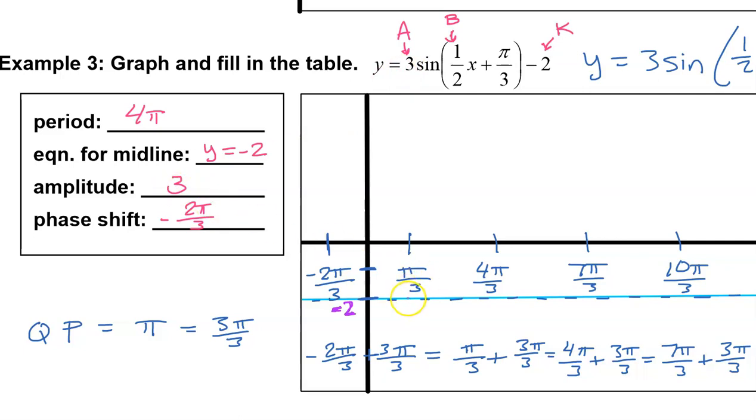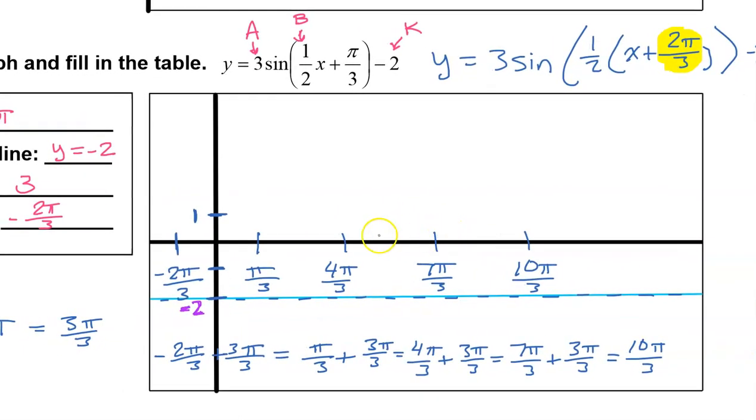The amplitude tells you how far above and below the midline the graph will go. So this graph is going to go 3 above the midline. So if I go up 2, that takes me to the x-axis. So I'm going to have to go up 1 more, okay, to positive 1. This will be the high value, the highest point that the graph will reach.